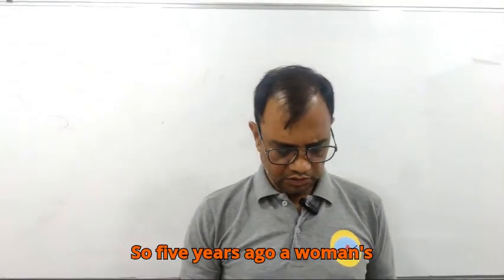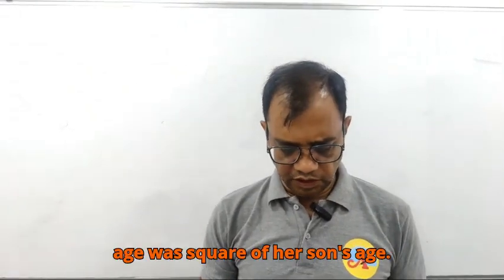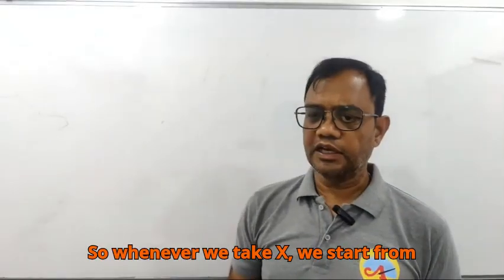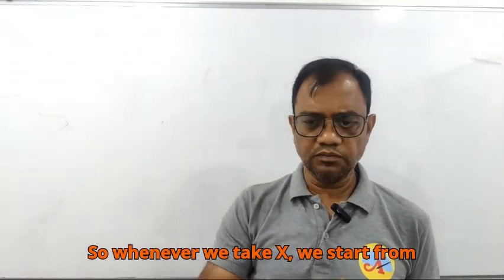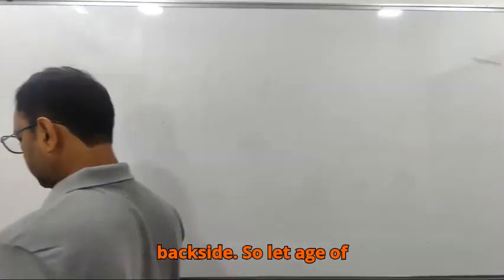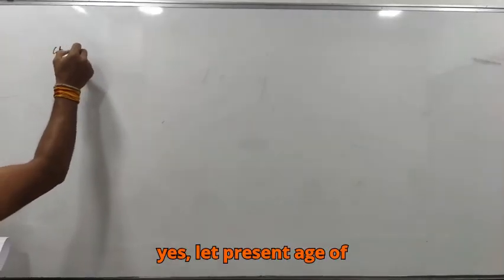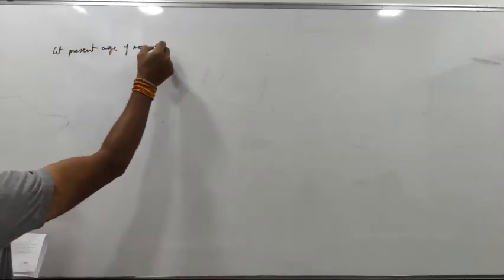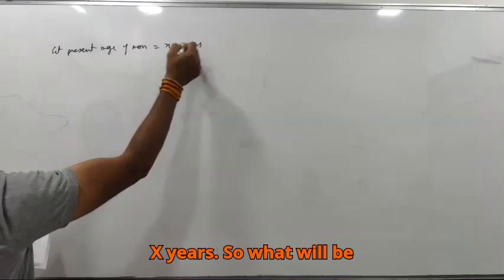So 5 years ago, a woman's age was the square of her son's age. Whenever we take x, we start from the backside. So let the present age of the son be x years.